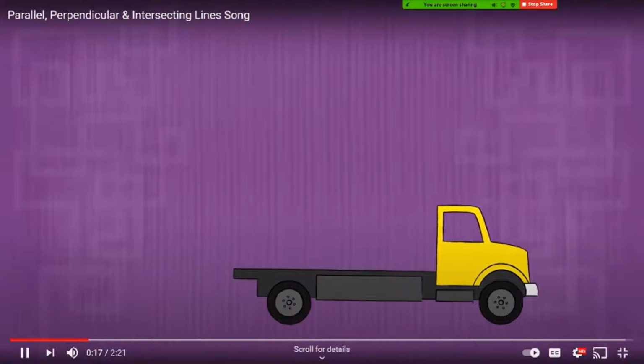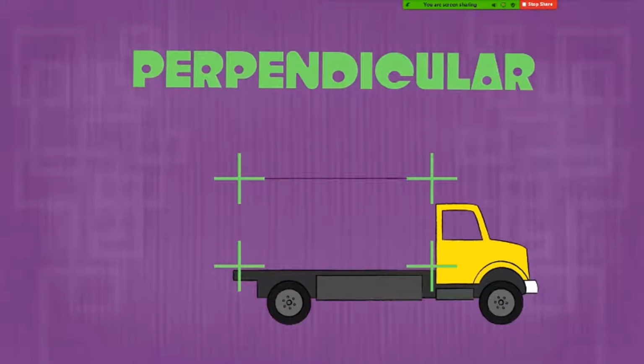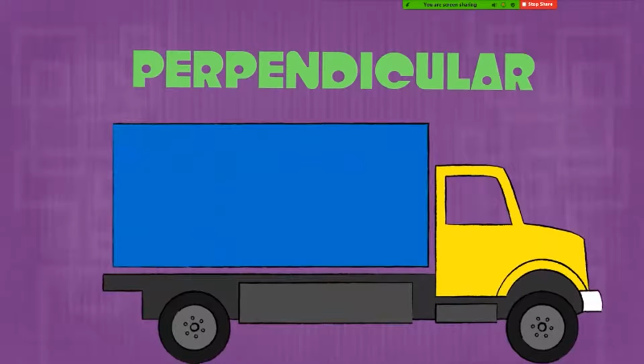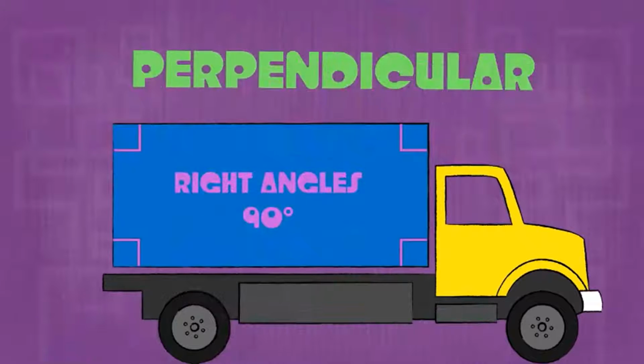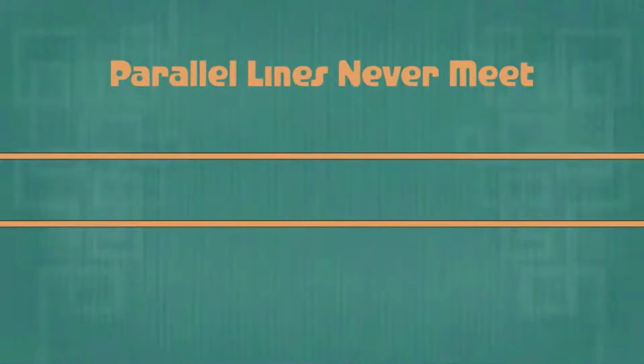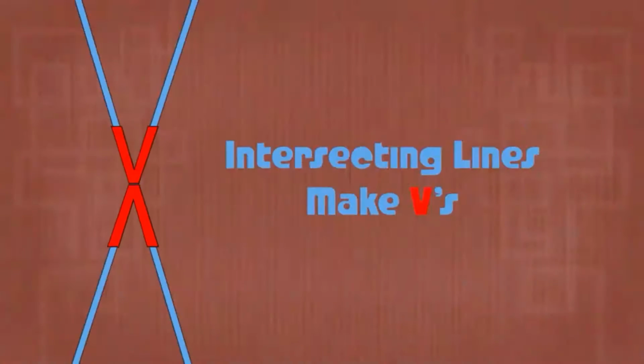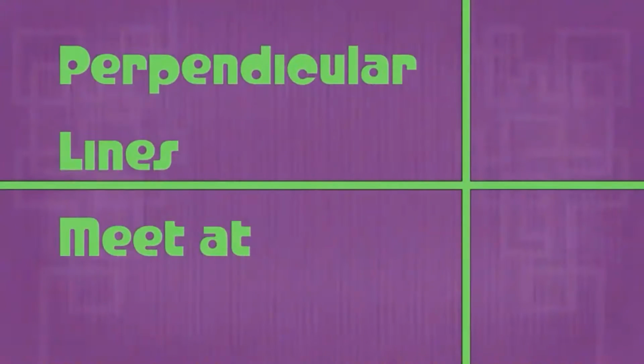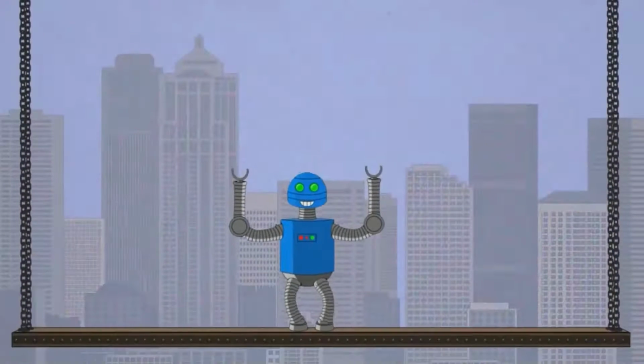You'll find lines that are perpendicular on a rectangle's perimeter. Or let's break it down even simpler. They make right angles in particular. Parallel lines never meet. Intersecting lines make V's. Perpendicular lines meet at 90 degrees. Put your hands in the air with me.